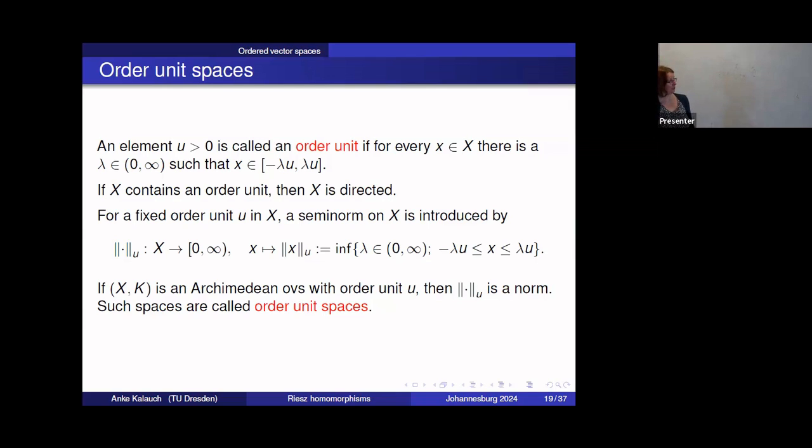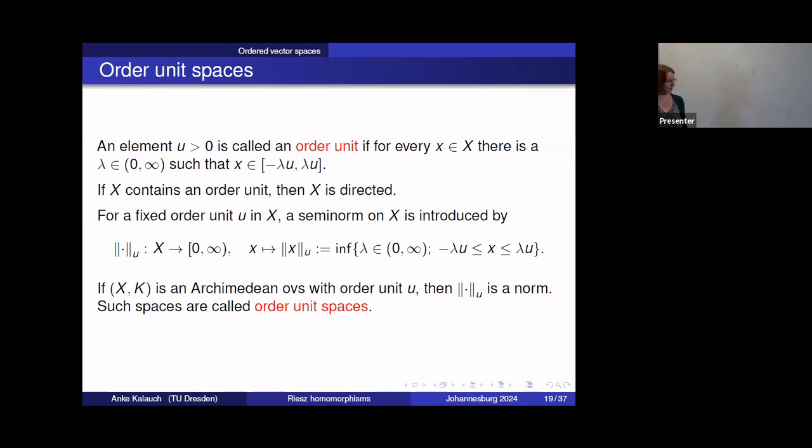And if I have such an order unit, this is very nice. I can look at what is the smallest lambda among all of those, and one can show that this gives a nice norm on the space. So when I have such an order unit, an interior point or just abstractly such an order unit, then you can introduce a nice norm on it, and then you call it an order unit space. And this works well for any Archimedean cone with order.